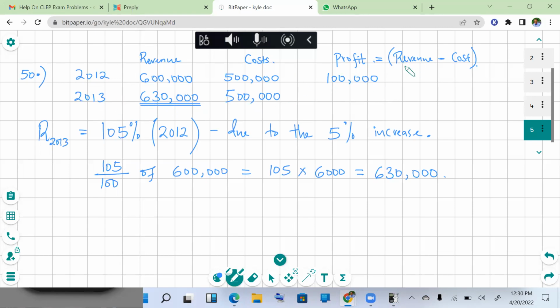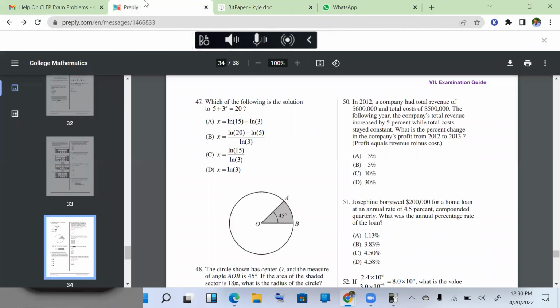Now, what is the profit in 2013? Again, we are using the formula revenue minus cost to get profit. And if you do 630,000 minus 500,000, you're going to get a profit of 130,000 for 2013. Now the question is asking, what is the percentage change in the company's profit from 2012 to 2013?